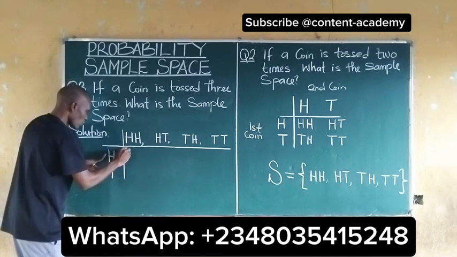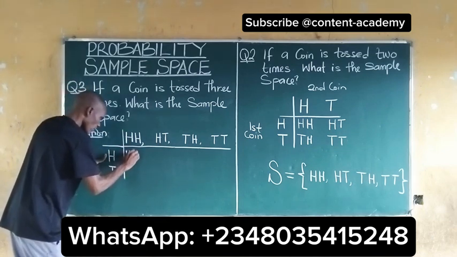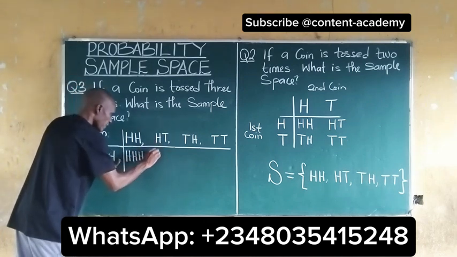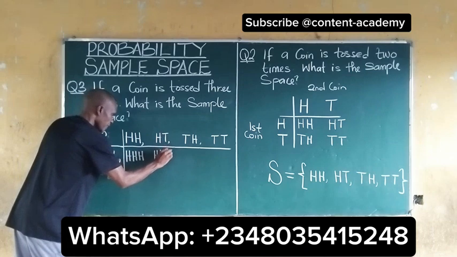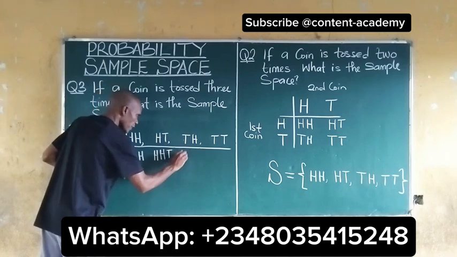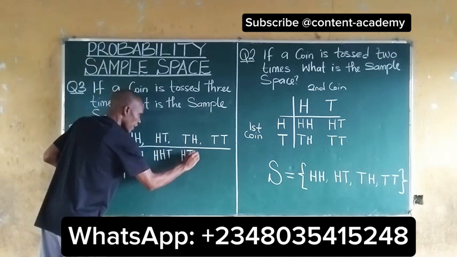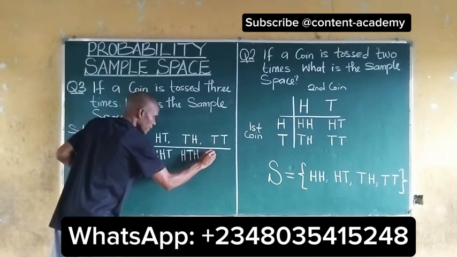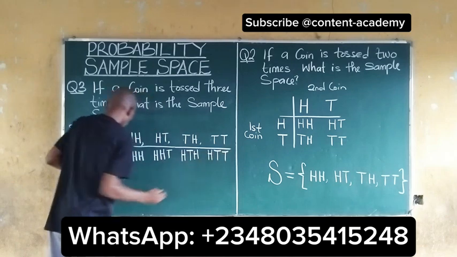We combine this and this to give us head, head, head. If you combine this and this, we have head, head, tail. If you combine this and this, we have head, tail, head. If you combine this and this, we have head, tail, tail.